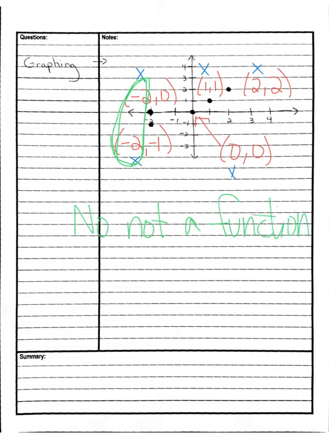But there's another way to determine if it is not a function. And it is called the vertical line test. And so what the vertical line test is, if there are 2 points in one vertical line, the graph is not a function.